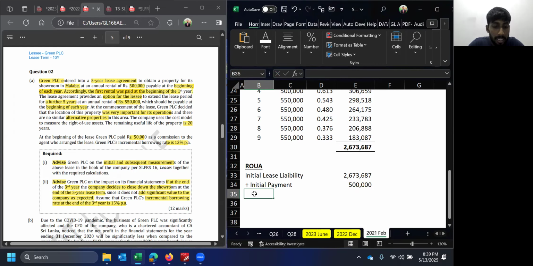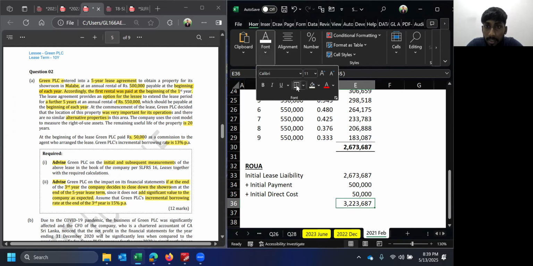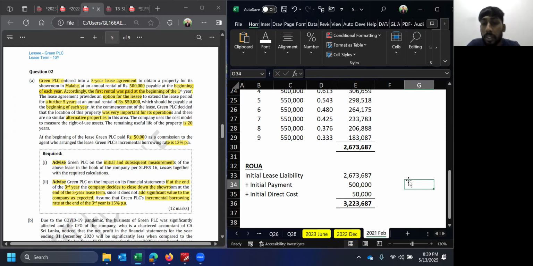Then, again, I have to add initial direct cost. How much? At the beginning of the lease, Green PLC paid 50,000 as a commission to the agent. So 50,000. Accordingly, we have the cost of the right of use asset as 3.2 million.